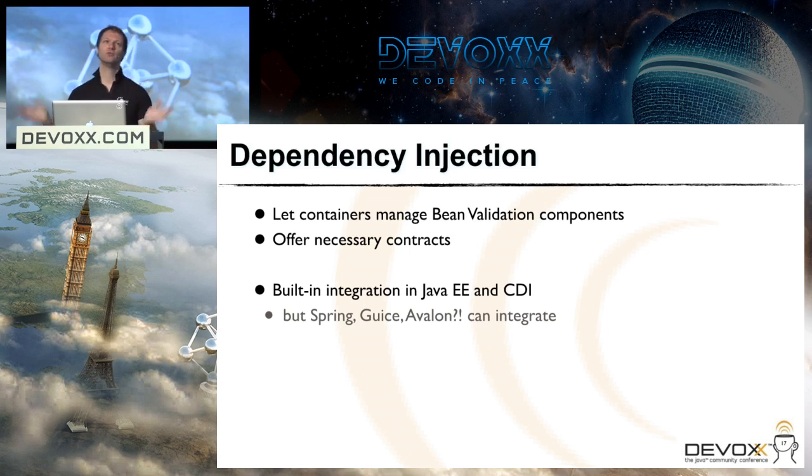We could have done it just for CDI, but what we did instead is think about the dependency injection problem in general and offer the actual extension to have a nice integration between CDI and Bean Validation. But that also means that other dependency injection frameworks like Spring or Guice actually can do the same thing and integrate Bean Validation the same way.